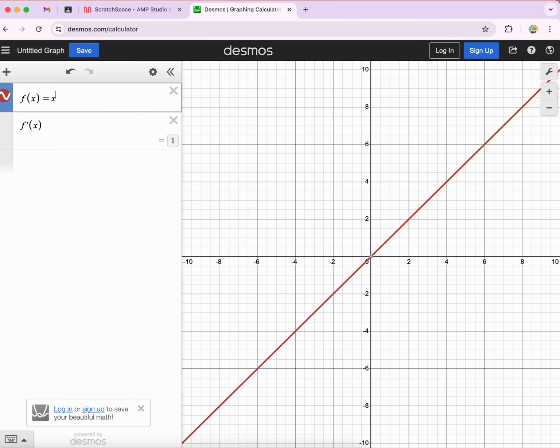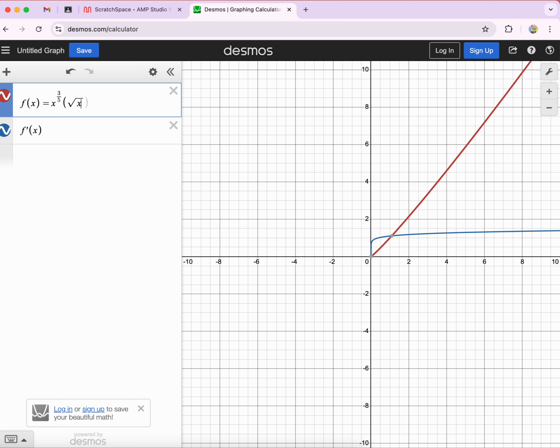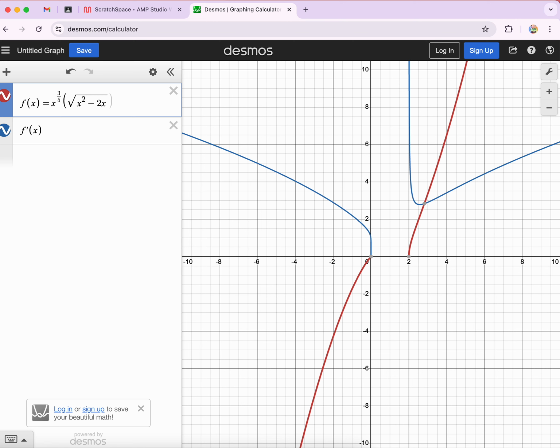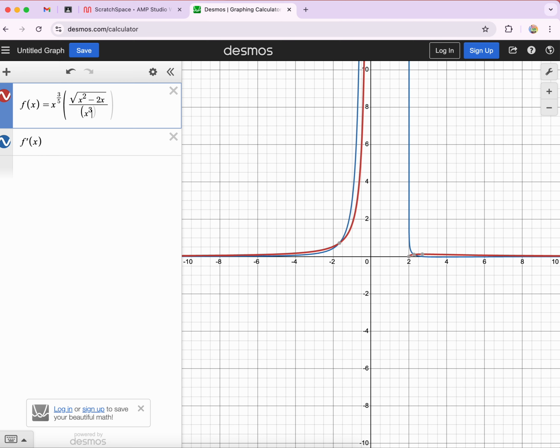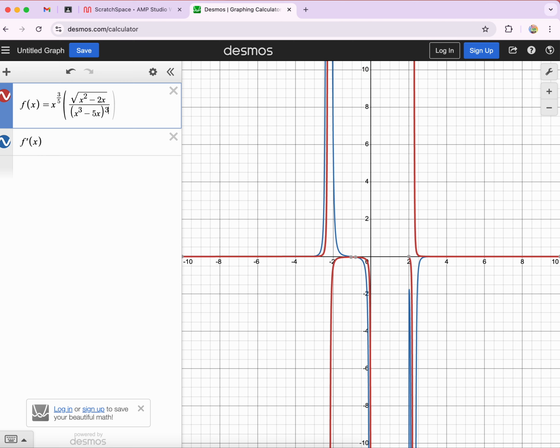So we're going to do x to the 3/5 times the square root of x squared minus 2x over x cubed minus 5x, cubed, close parentheses. Wow, what a function.